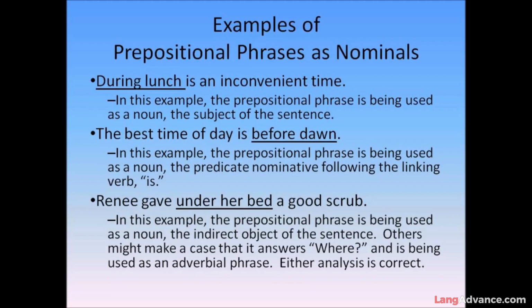The best time of day is before dawn. In this example, the prepositional phrase is being used as a noun, the predicate nominative following the linking verb is. In the last example, which is, Renee gave under her bed a good scrub, the prepositional phrase is being used as a noun, the indirect object of the sentence.